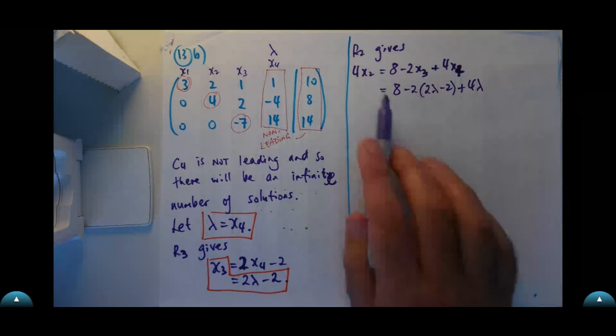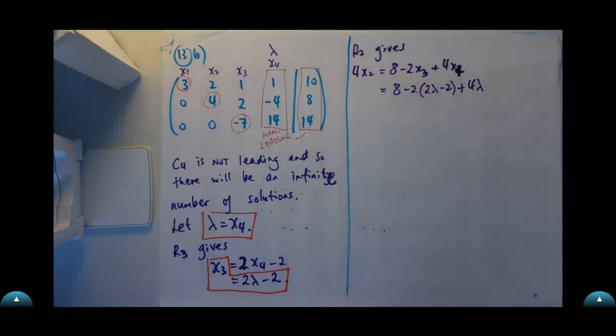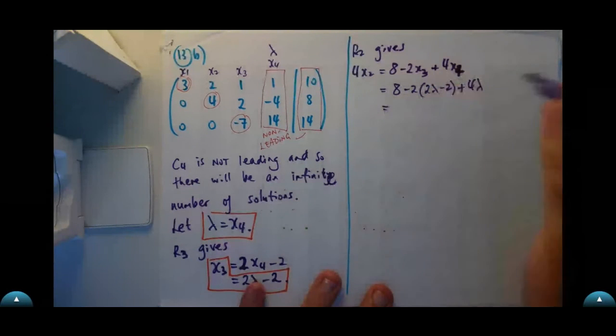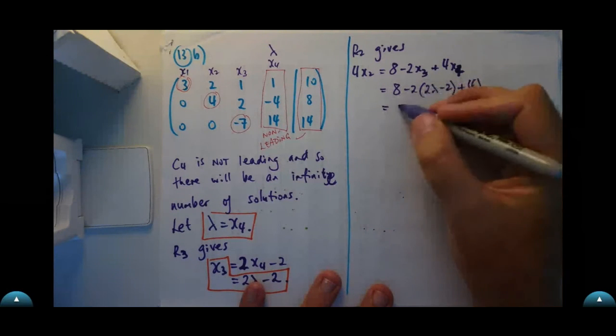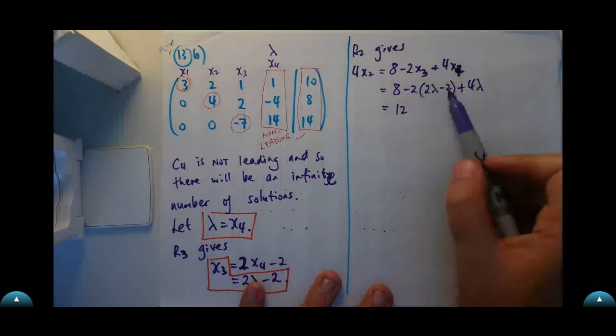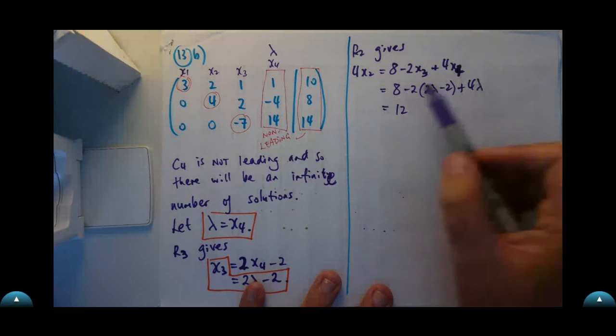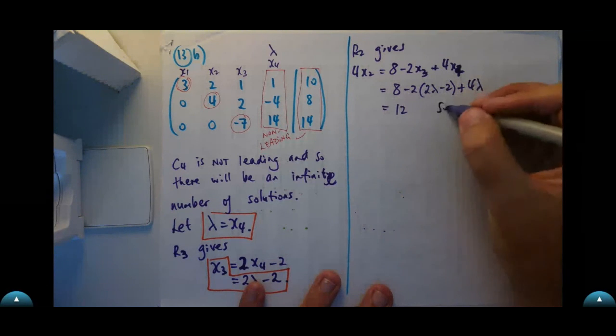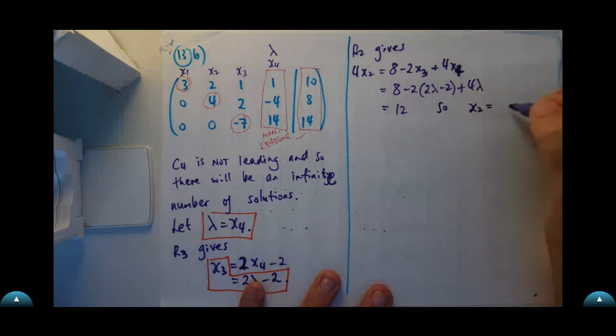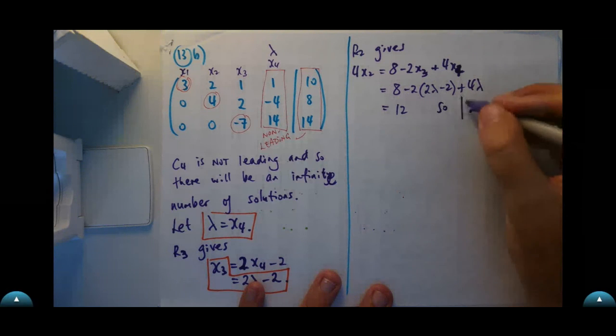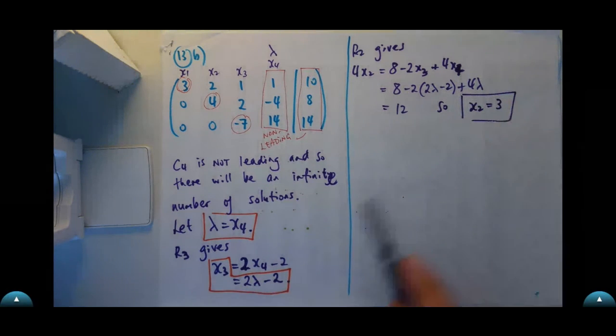So all I want to do now is simplify this and divide out the 4. I'm going to get 8 plus 4, which is 12, minus 4 lambda plus 4 lambda, which is 0. So x2 is going to be 3. All right, I've got x2, x3, x4.